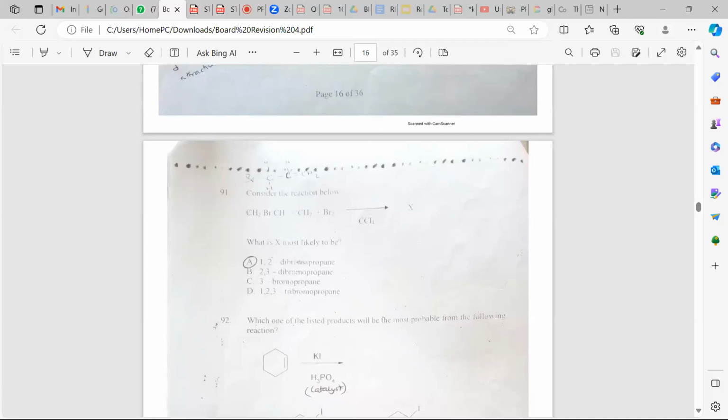Anyone? Or is everyone agreeing with choice A, that the answer is 1,2-dibromopropane?